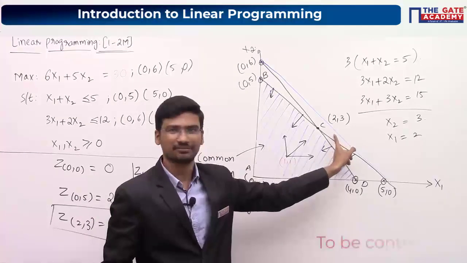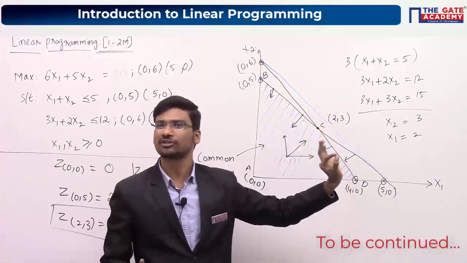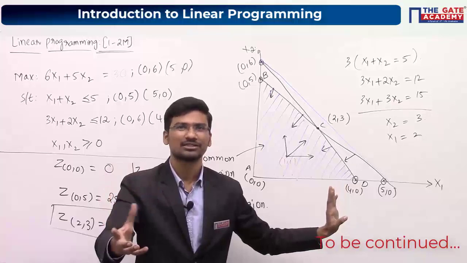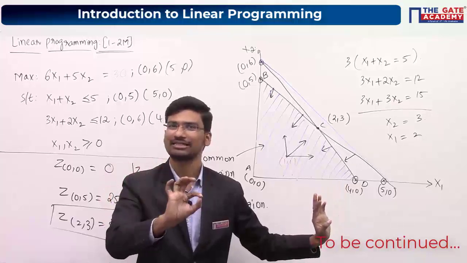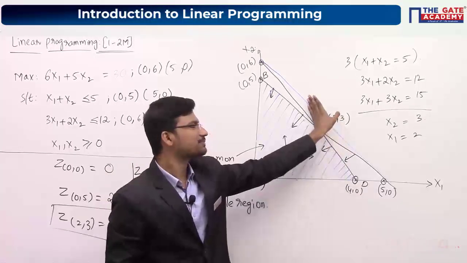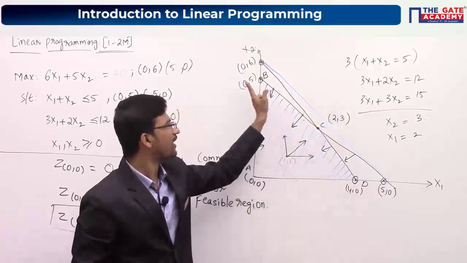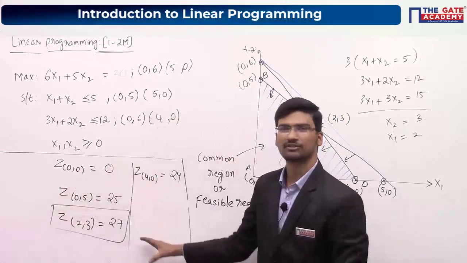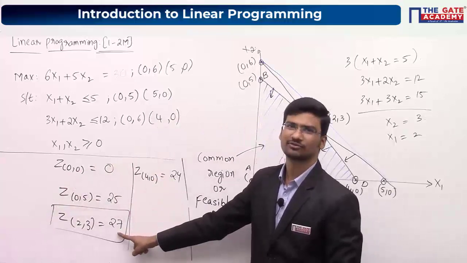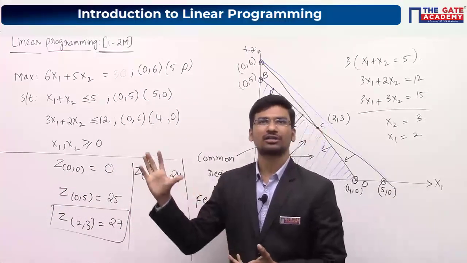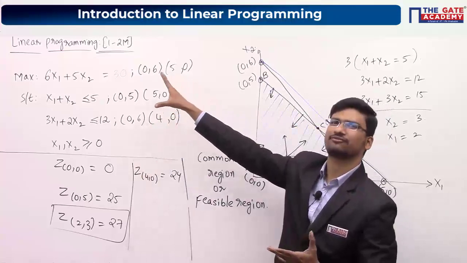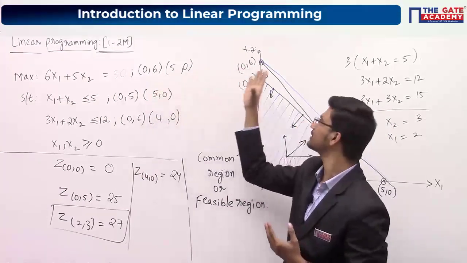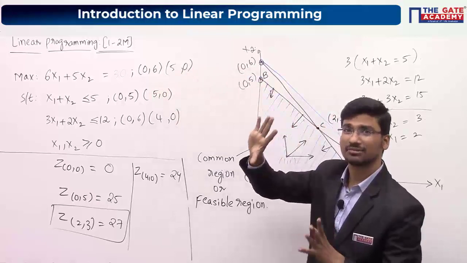Irrespective of the objective function line, just find out the corner points and evaluate your objective function. Then directly you can say this is your optimal point. We don't know the slope or other things for other objective functions. If you go on plotting the objective function line like this, the problem becomes very lengthy. So don't follow this procedure. You can just find it out like this.